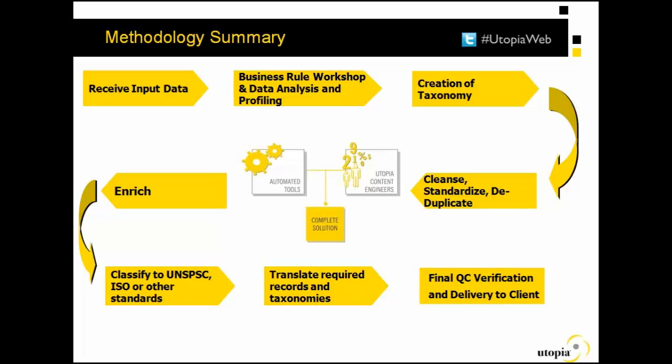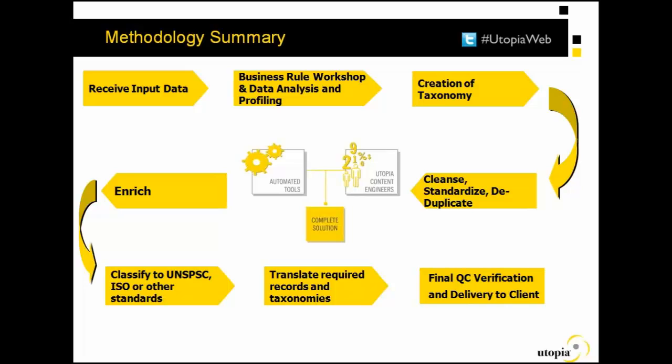Then we map the data, and we create a taxonomy and understanding the noun modifiers, because it gives us the ability to identify the data and parse it into different taxonomies. And once we do the standardization, then we do the deduplication. And then we enrich the data, so we add perhaps pockets of information that might be missing from the data to make sure it's as full as it can.